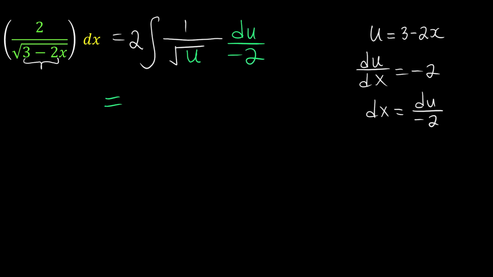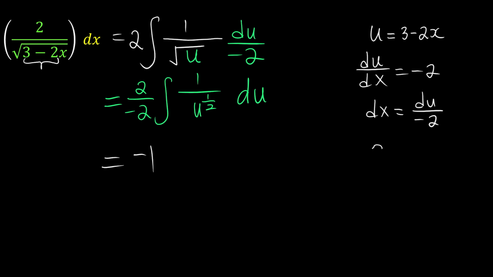Then after that we can carry on, but this is ugly, so we take it out. 2 over negative 2 integration of 1 over square root of u du. But usually when we see square root, we will say that it's a power of 1 over 2 du. But since now we have variable of u and we are going to integrate with respect to u, then it's fine. So we can carry out 2 divided by negative 2 is negative 1.